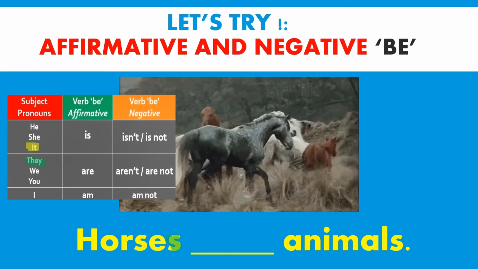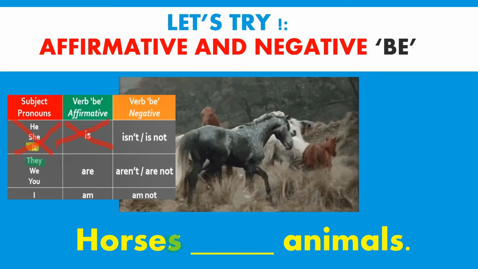Okay, so for the horses, look at the S here. It means that there are more than one. So you cannot use the subject pronoun he, she, or it. So you cannot use verb to be is. Remember, after the pronoun is always verb to be.